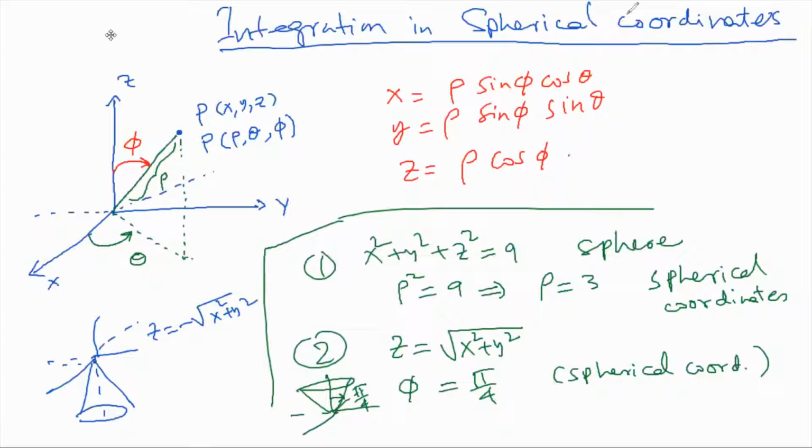Now look at the angle. The angle is going to be still from the positive direction of the z-axis. So the angle will be like this, right? So the equation will be phi equals pi over 2 plus pi over 4, so this is 3 pi over 4. Clear?